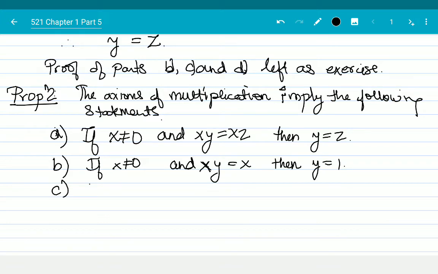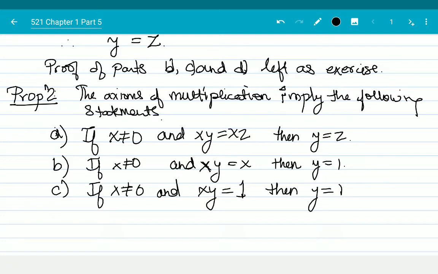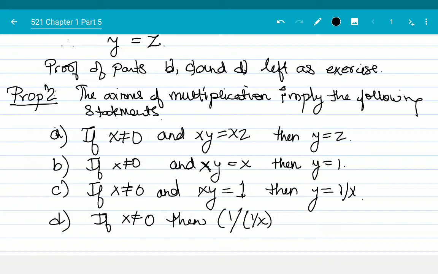Third, if x is not equal to 0 and xy is equal to 1, then y is equal to 1 over x. And fourth, if x is not equal to 0, then 1 over 1 over x is equal to x.